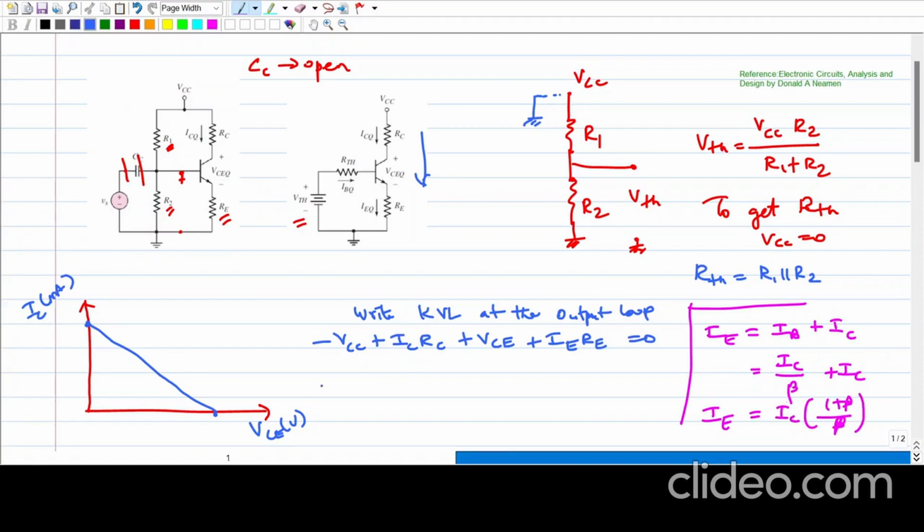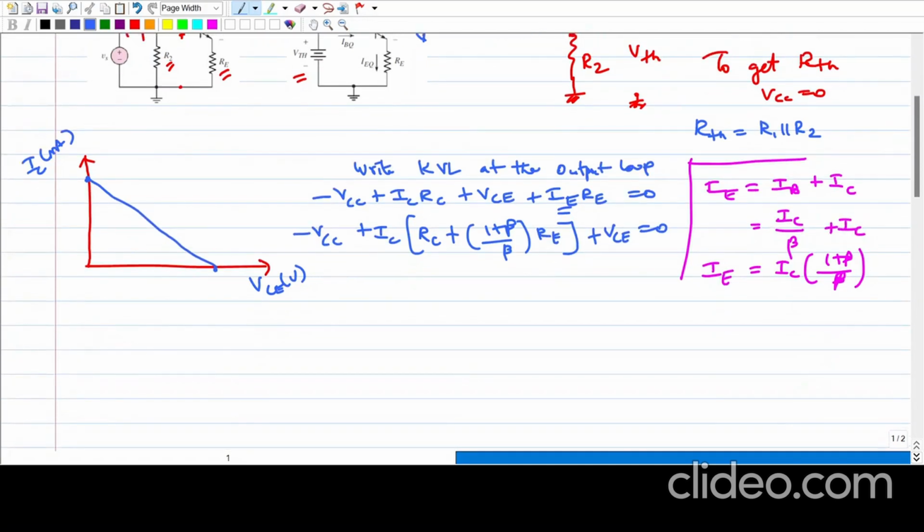Coming here, minus VCC plus IC multiplied by RC, plus, instead of IE, I am writing this, (1 plus beta) divided by beta times RE, plus VCE equals 0.